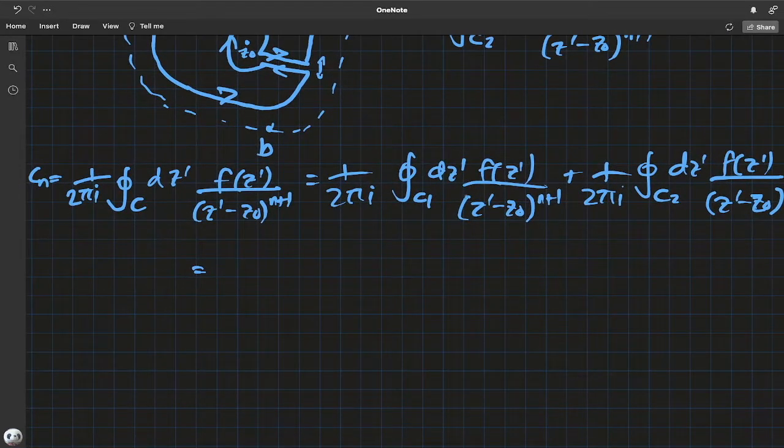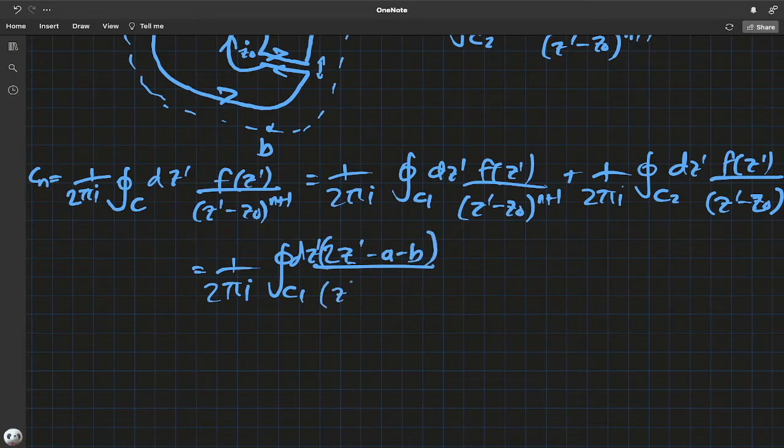You notice that for C1, it's going to look like, let me just do a quick substitution to z prime, dz prime, minus a minus b, z prime minus a, z prime minus b, z prime minus z naught to the n plus first.